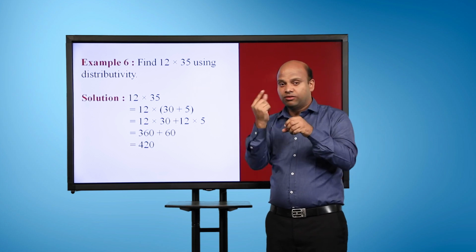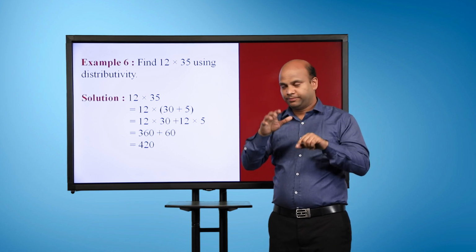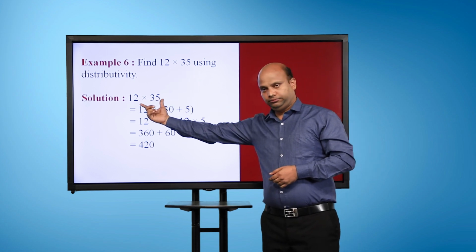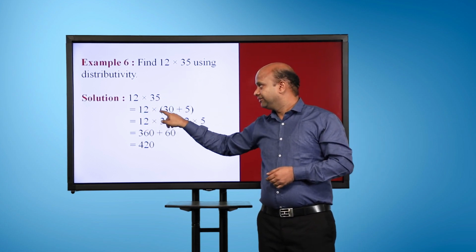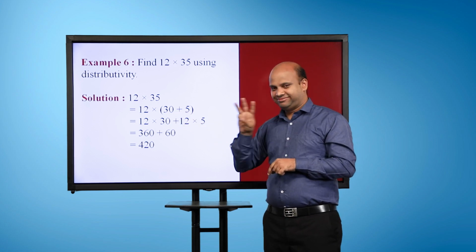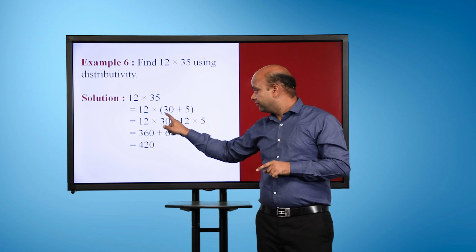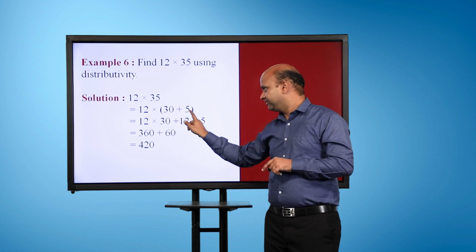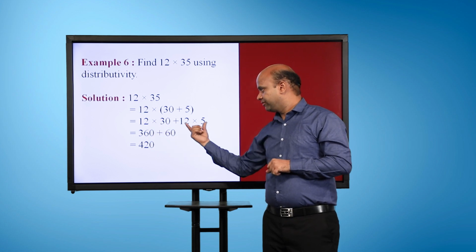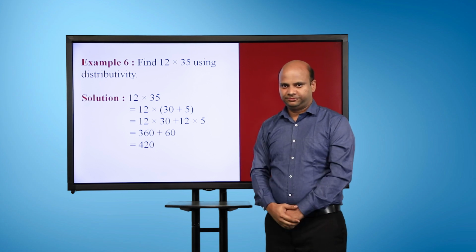Find 12 multiplied by 35 using distributivity. Solution. 12 multiplied by 35 is equal to 12 multiplied by, in brackets, 30 plus 5, which is equal to 12 multiplied by 30 plus 12 multiplied by 5, which is equal to 360 plus 60, which is equal to 420.